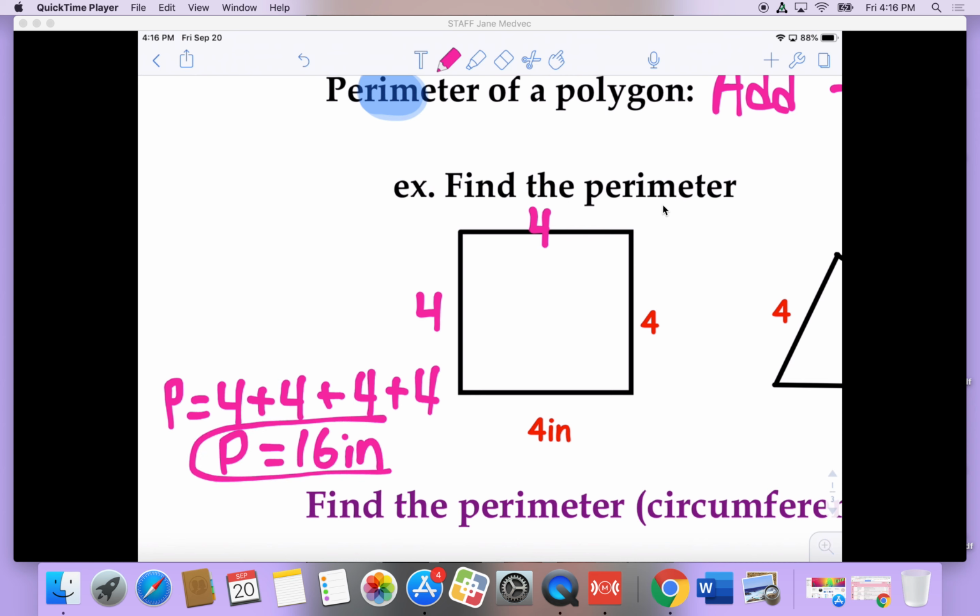Now, one person would say, well, Mrs. Medvik, can't we do 4 times 4? You technically can. However, the problem with that is students tend to get confused between perimeter and area. And so generally when I do perimeter, I add. Is it wrong if you do 4 times 4? No, it's not. That would not be wrong at all. However, I stick usually to addition when I'm doing perimeter.